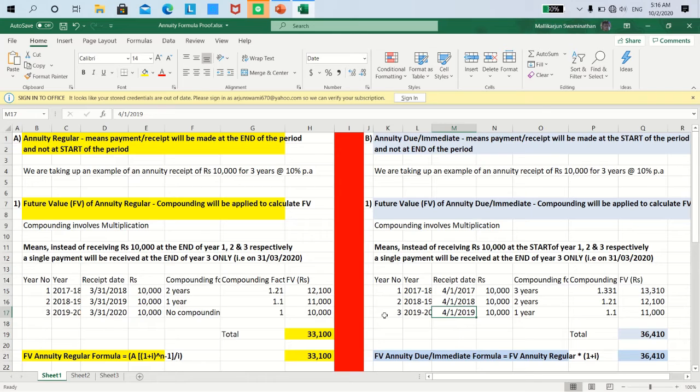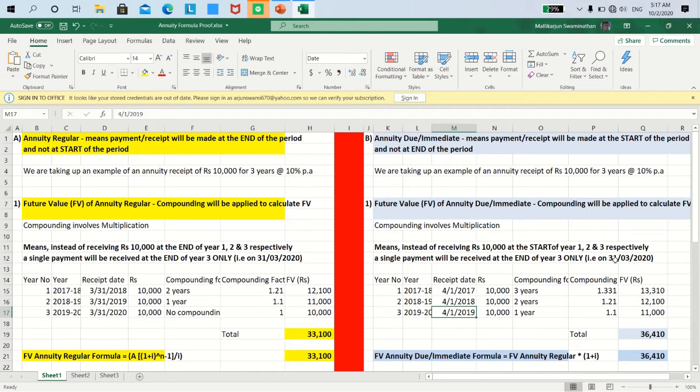Now instead of Mr. X paying me 10,000 on 1st of April 2017, 1st of April 2018 and 1st of April 2019, if I ask him to pay the entire amount, a single amount, on 31st of March 2020, why am I taking 31st March 2020? Because this is FV annuity due.